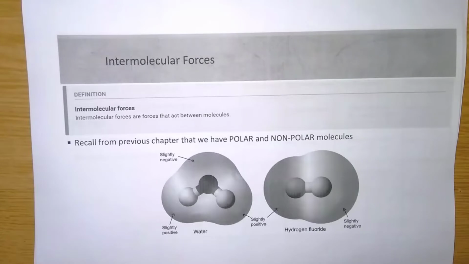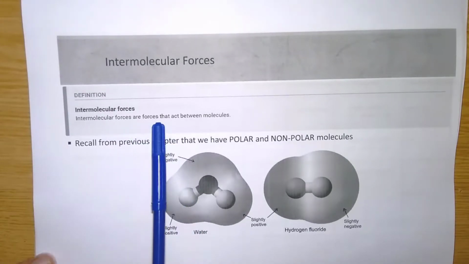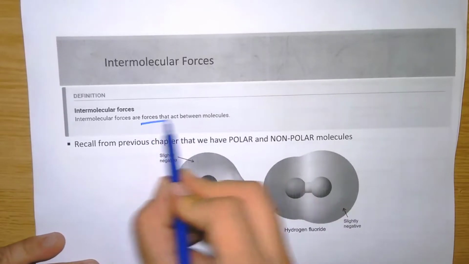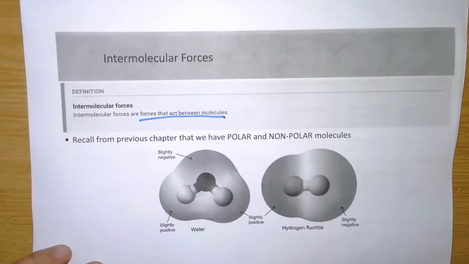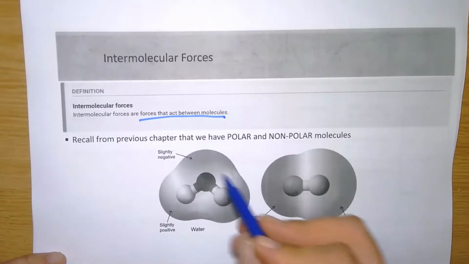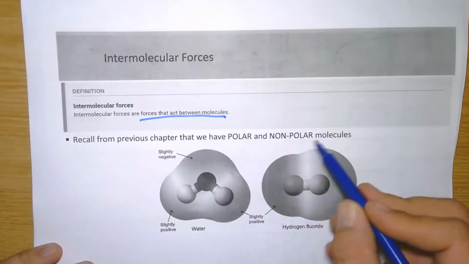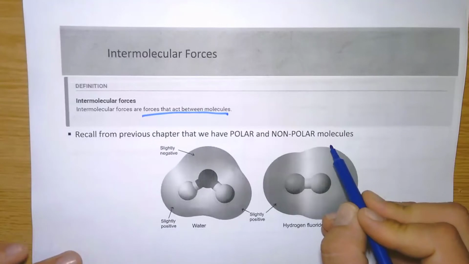We can define intermolecular forces by saying they're forces that act between molecules, and it's going to be incredibly important for us to be able to define if a molecule is polar or non-polar.